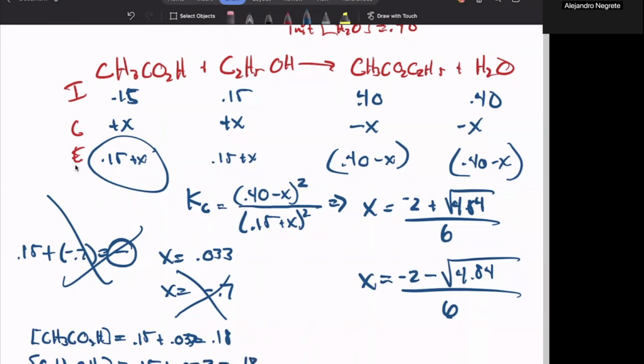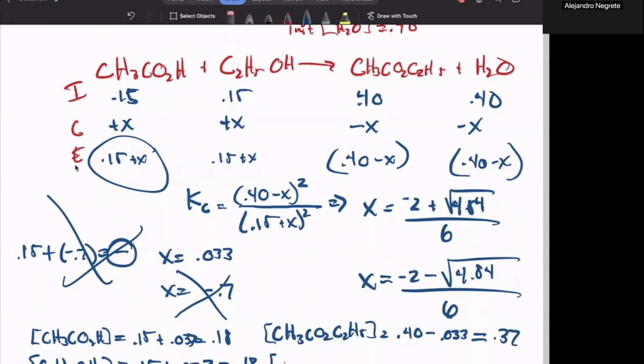And our concentration for, and again, these are equilibrium concentrations, 0.40 minus 0.033, which is equal to 0.37.